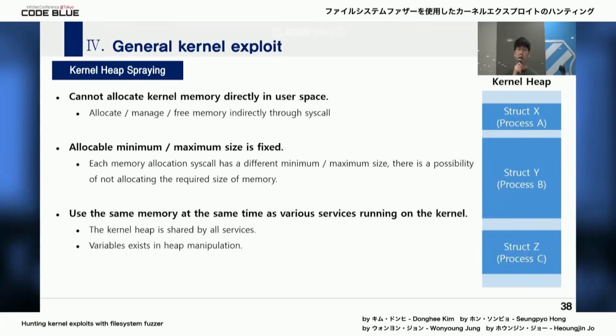Therefore, there is a possibility that we will not be able to allocate objects of a certain size. Finally, since the kernel heap is managed through syscalls that are called by multiple processes, various variables exist when spraying the kernel heap.